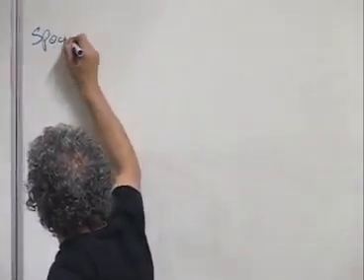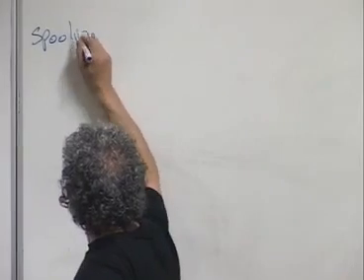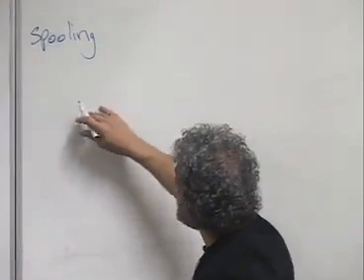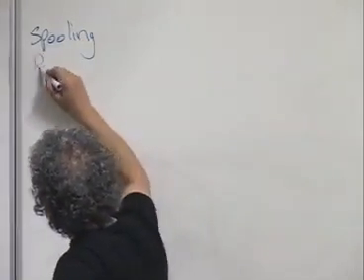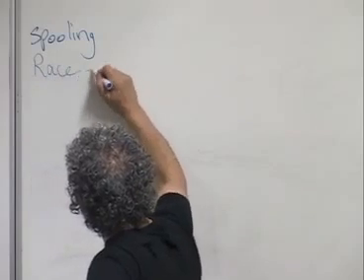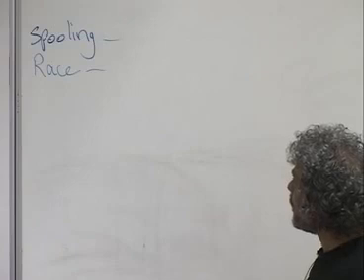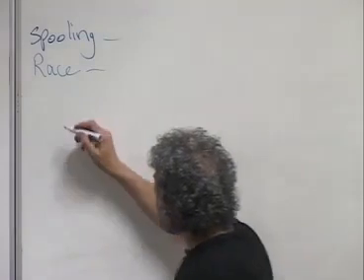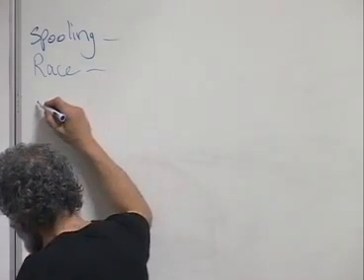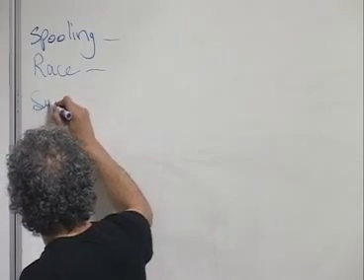Something called spooling, and the race problem within processing. Then we also have process synchronization.